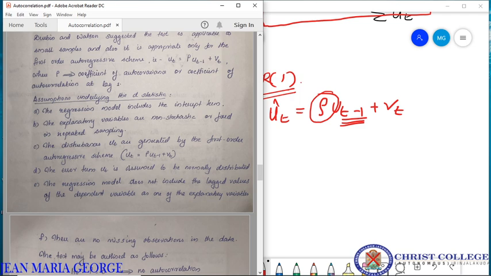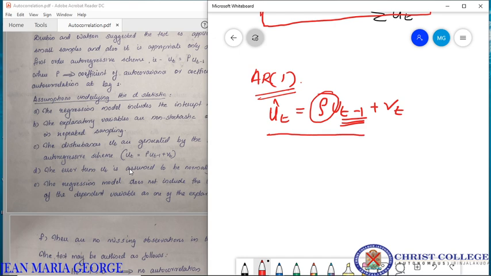Third assumption is that the disturbance terms u t are generated by the first order autoregressive scheme that we have already explained. First order means 1 lag is applied here. The autoregressive coefficient is denoted with rho.